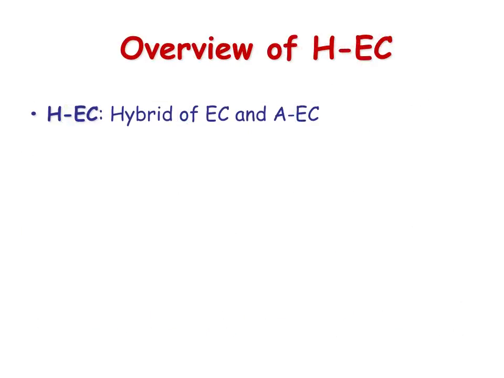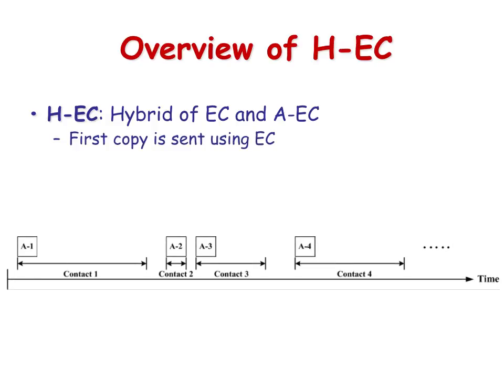Now we are trying to compare the philosophy of EC and AEC and also the hybrid, HEC. So what do EC and AEC mean? In the philosophy of EC, once we have contacts 1, 2, 3, 4, and we have produced four copies, you can make sure that the first contact exists.